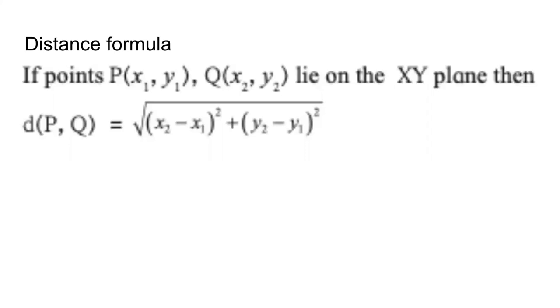When you go to higher classes, then you will understand how the formula will change if the points are not on the same plane. We are not going there now. Whichever points we consider, they are on the same plane. So we can calculate the distance between P and Q as square root of (x2 minus x1) whole square plus (y2 minus y1) whole square.